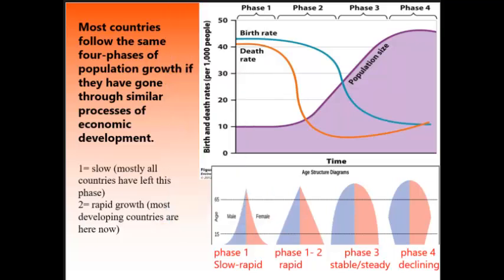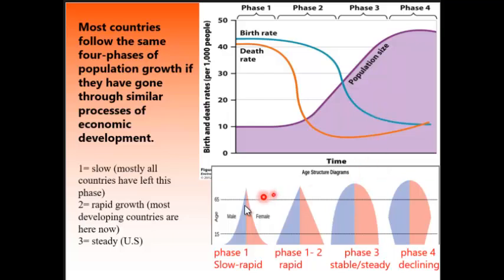And then we have the US in phase 3. So notice now our birth rate has declined. Our death rate is still very low. And because our population is experiencing population momentum, we're still growing, but we're much more steady than we were because these two things have declined.